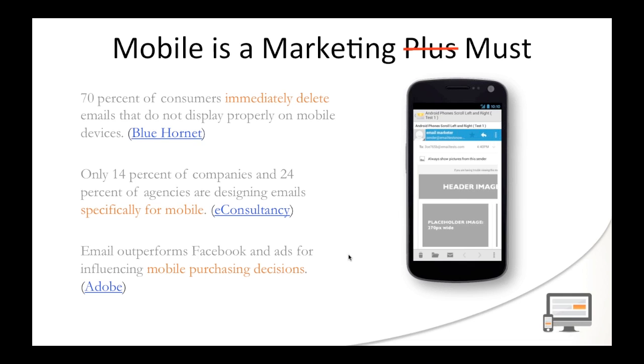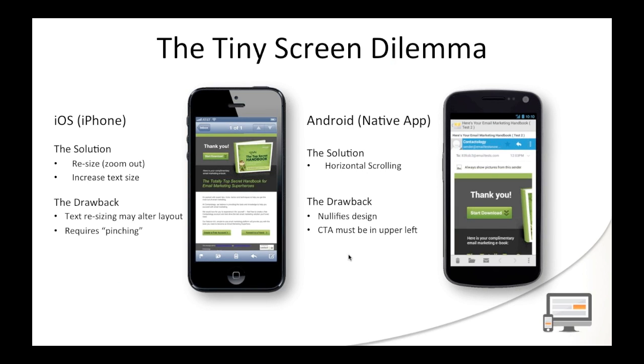And that email outperforms Facebook, it outperforms mobile advertising in terms of being able to influence those decisions. So on these slides, what we've seen is mobile has become a major part of the marketing landscape, and if you're an email marketer, mobile is not an option anymore. Mobile truly is a platform you have to be prepared to deal with and meet and greet.